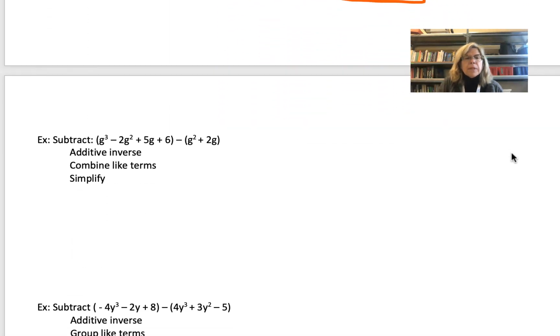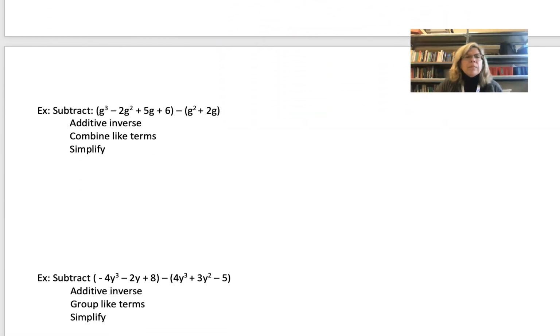Okay, let's do a little subtraction. So here we have g cubed minus 2g squared plus 5g plus 6 minus g squared plus 2g. Well, because I don't want to get mixed up with the minus signs, I'll show you, we call it additive inverse. So in other words, distribute the minus sign across the terms.